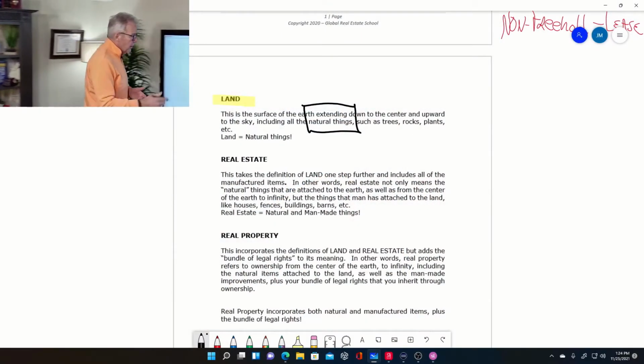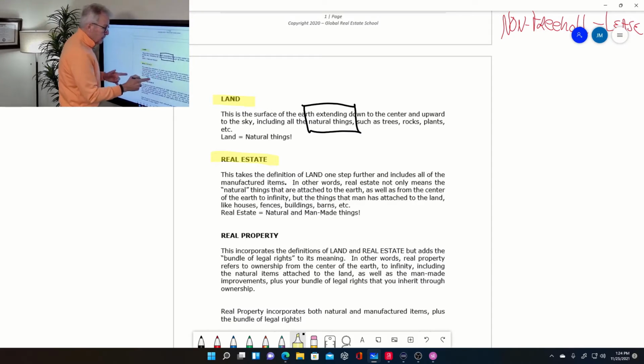Now, when we add the definition of real estate to that, we're not only including the natural items, but we're also including improvements. Natural would be the trees, the rocks, the soil, but the improvements might be the house, the fence, and the barn.